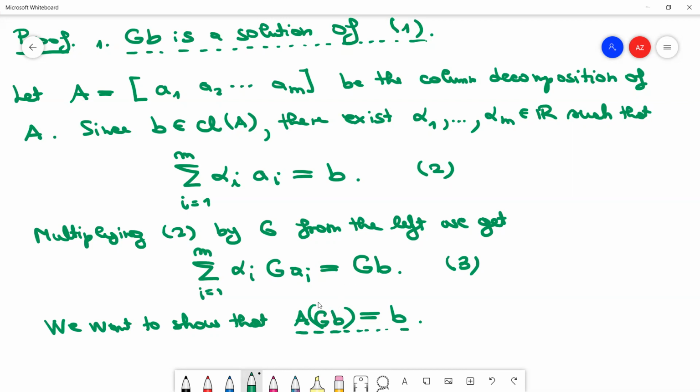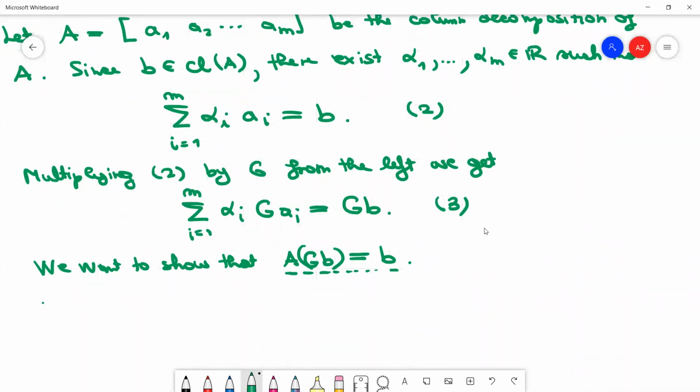So we have to somehow introduce AGB into our reasoning. And again, what we can do with this equation 3, we just multiply it by A from the left, and we will get AGB on the right-hand side.